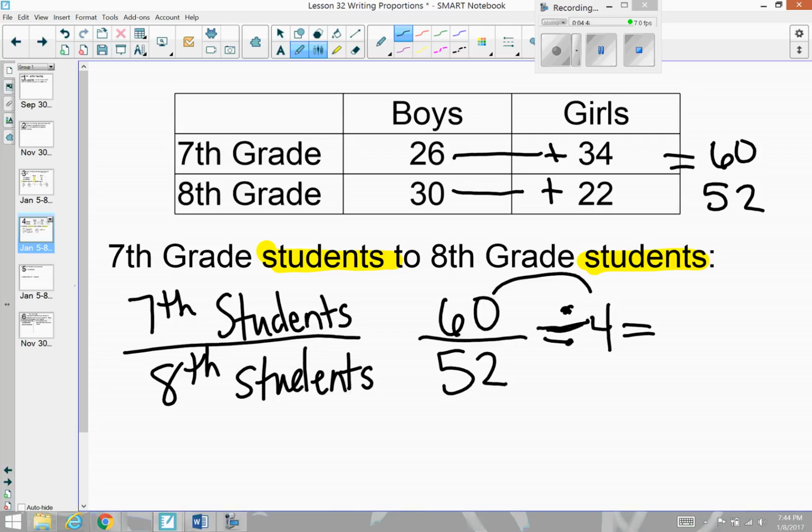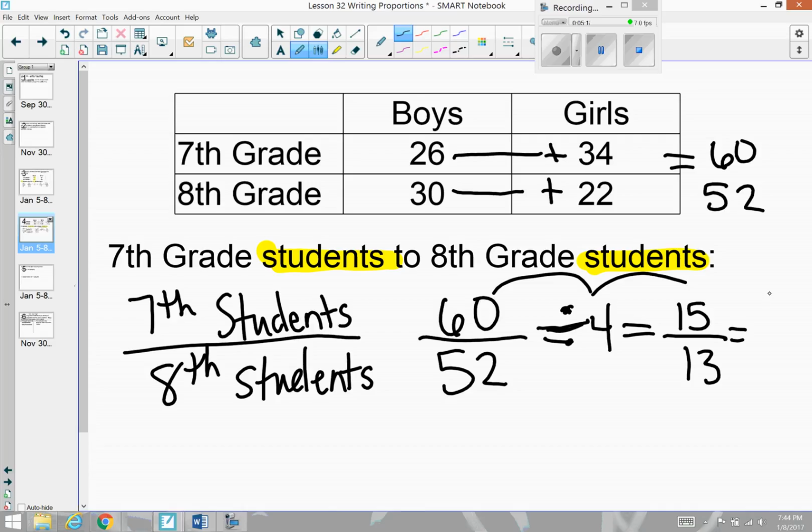And 60 divided by 4 makes 15. I always think of a clock when I have numbers like 15, 45, 30, 60. It makes me think of increments of 15 on a clock. And 52 divided by 4 is usually not as easy to do in our head, so you are able to use a calculator for this one, but in this case, it would be 13.